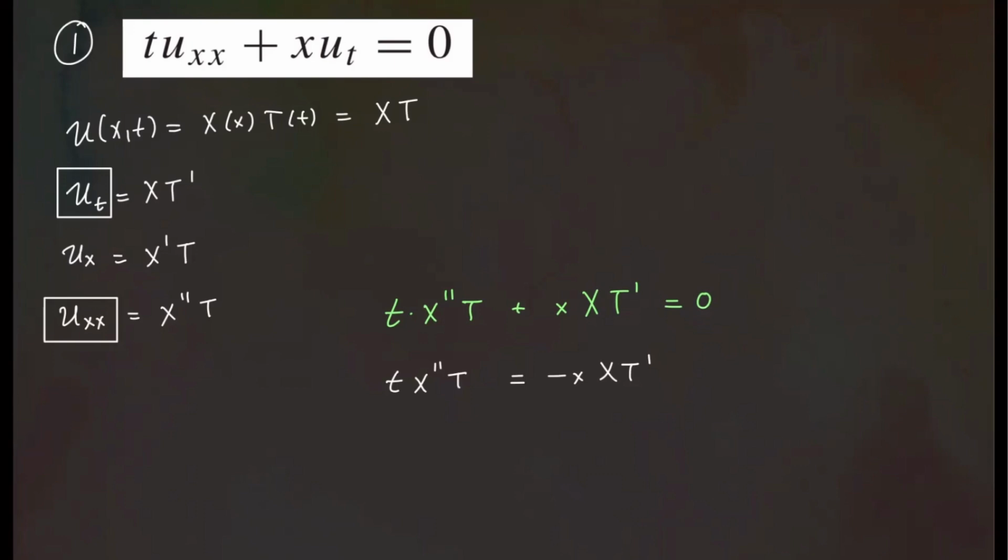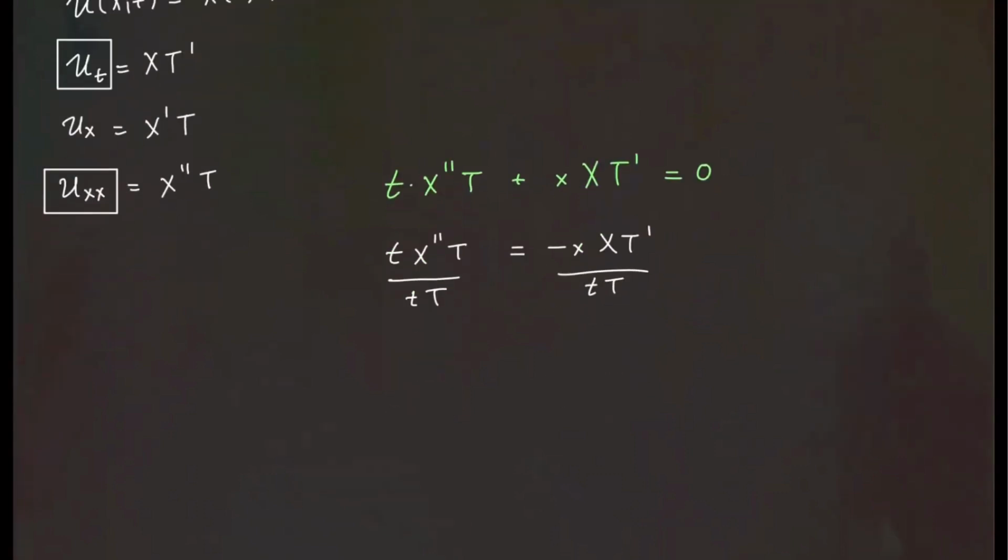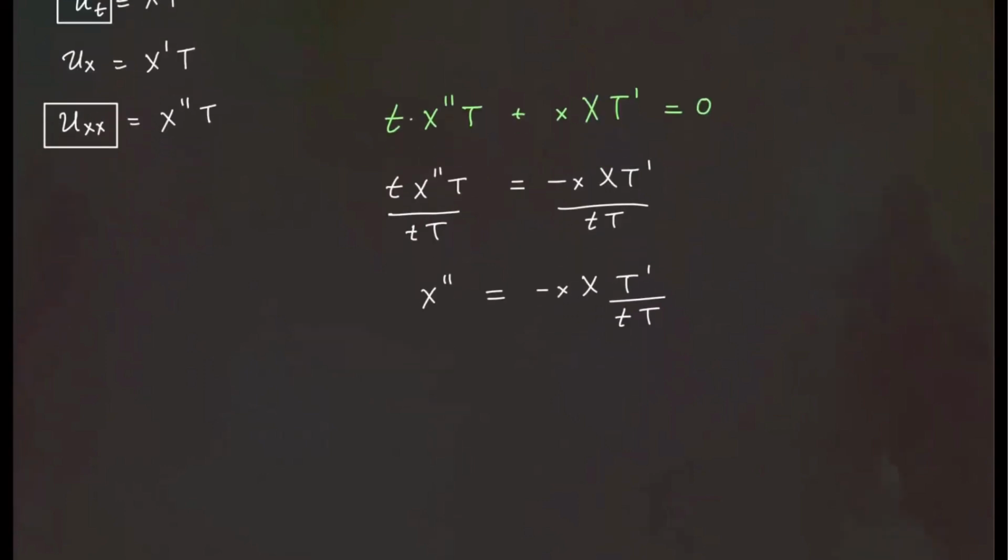So I'll divide both sides by little t, big T, divided by little t, big T. So you'll have X double prime is equal to negative little x, big X times T prime over little t, big T. And now I can move the little x and big X to the other side by dividing.